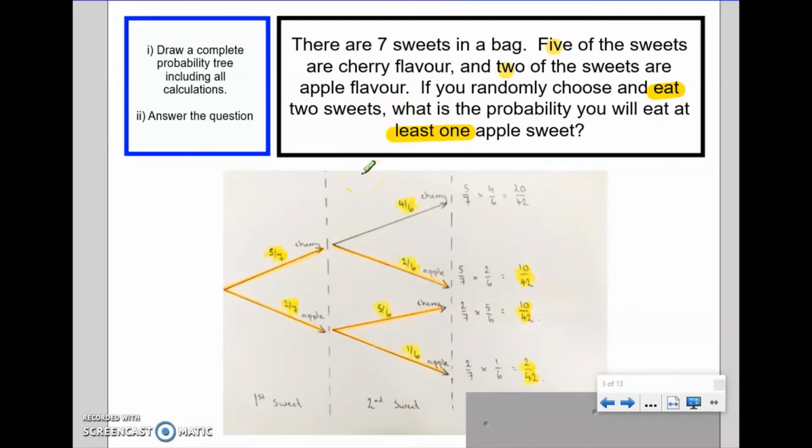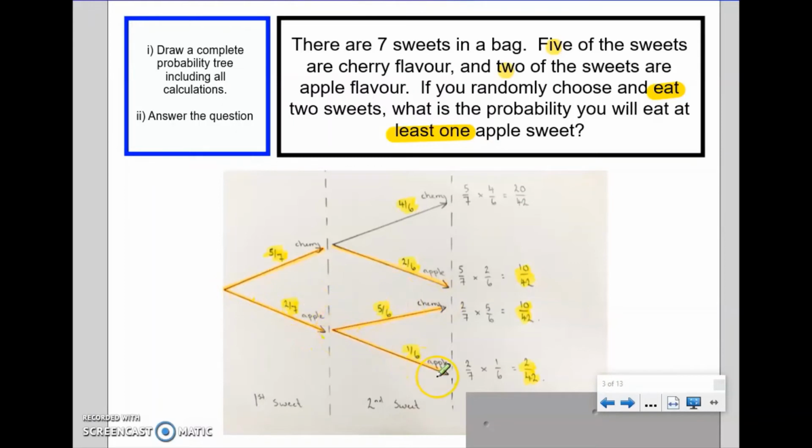So we are looking for when we eat a cherry followed by an apple, because that would be one apple sweet. Also an apple followed by a cherry, because that would be one apple sweet. But also if we have an apple followed by an apple, because even though that's two apple sweets, it is at least one. So you can see the three routes that I've highlighted on my probability tree.